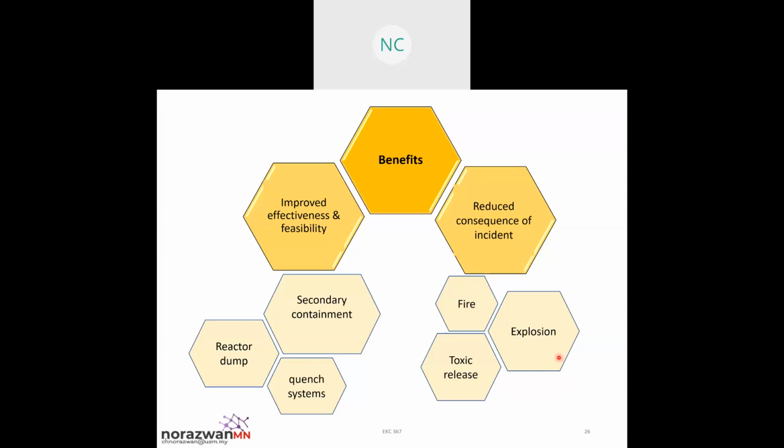When you are using a smaller quantity of hazardous or flammable material, you already reduce the consequence of fire or explosion incident. Same goes for toxic substance. When you reduce the concentration or the quantity of that material, you already reduce the consequence of incident for the toxic release.